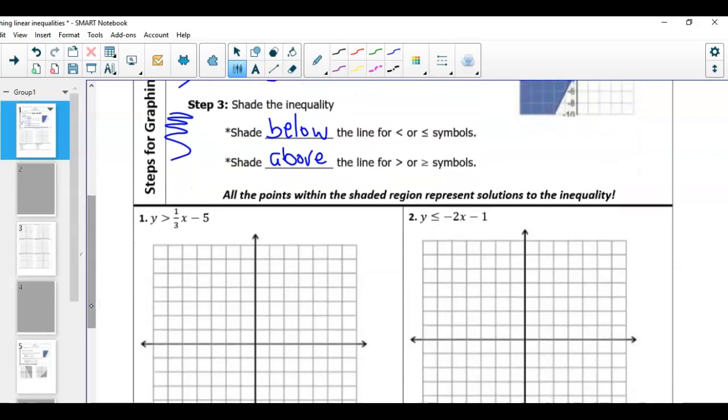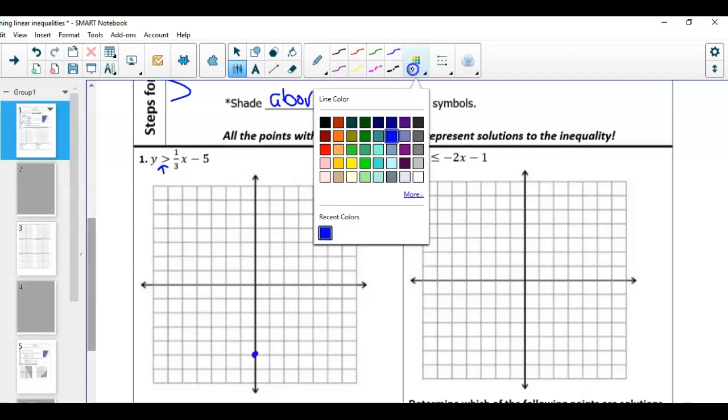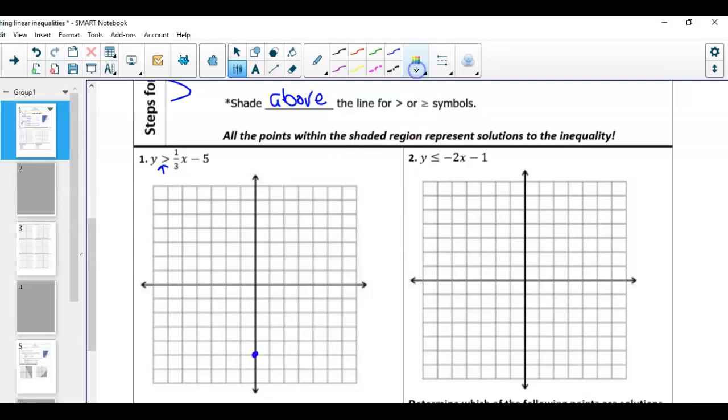So we're going to start off with number 1. This is already in slope-intercept form, except it's greater than instead of an equals. I'm going to start off at -5. And then my slope is positive 1/3, so I'm going to go up 1 to the right 3, or down 1 and to the left 3, as many times as I can.